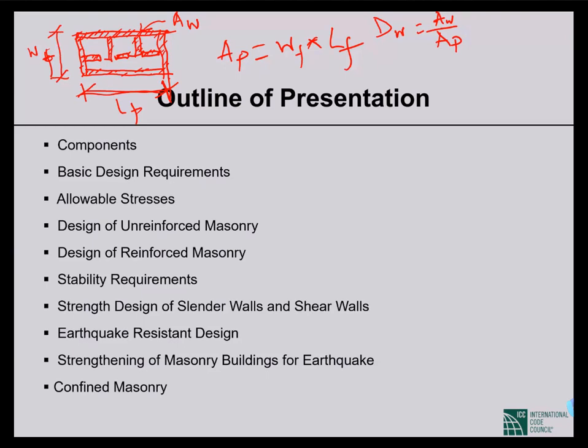Any analytical software to analyze masonry structure? No, actually, you can use any software based on the finite element method where you can model the masonry walls as plane strain elements.